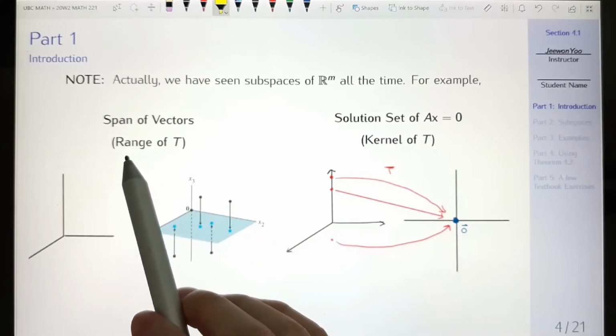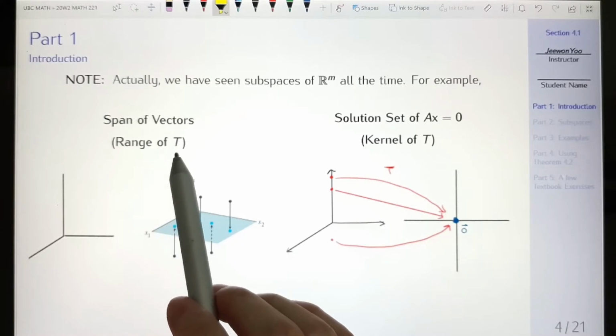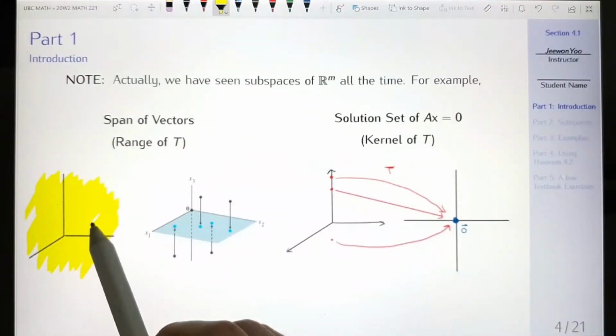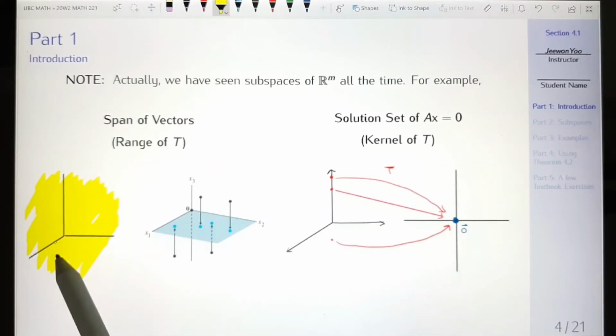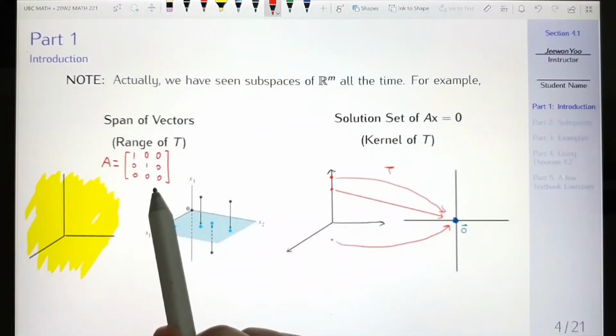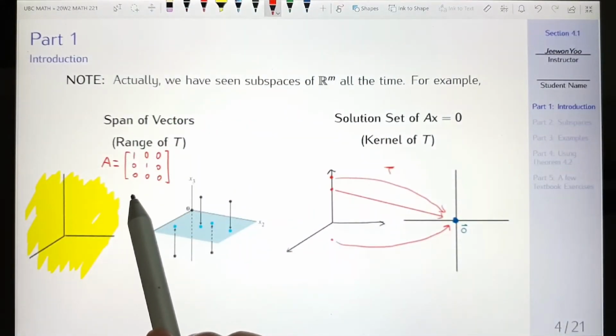Do you also remember we talked about range of a transformation? Let's say the domain contains all vectors living in R3. And let's say our matrix looks like this from one of the homework.